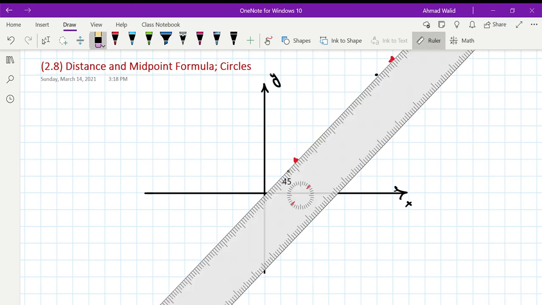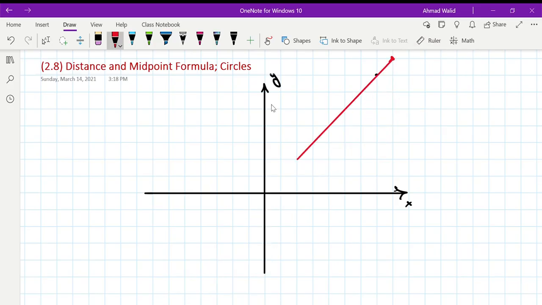Now I have to draw my line again here from this point only to this point. Let's say from here to here. This is a line segment, correct? Line segment, piece of line. Our goal is to find this distance from here to here. How much is this distance, correct?